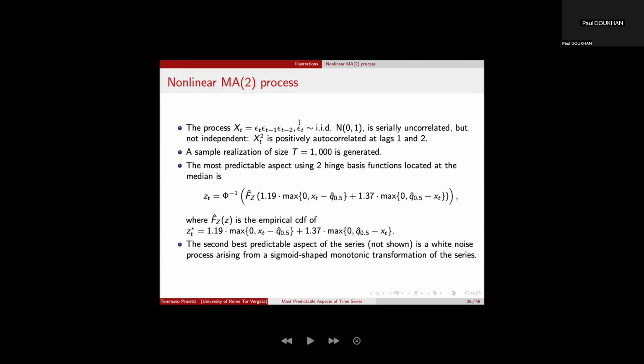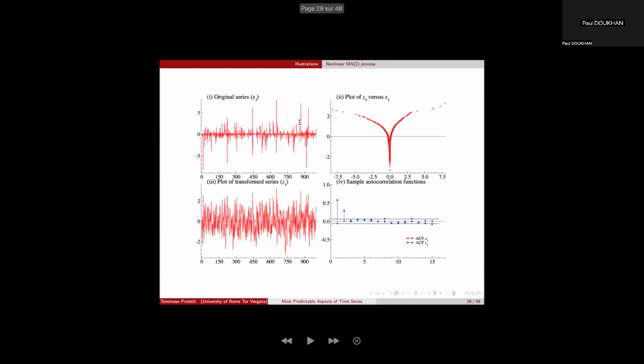And this is the optimal transformation, my ZT star. You see it here in parentheses, the weighted combination, with these 2 betas, of the 2 hinge basis functions, and then I apply a normalizing transform. And this is the transformed time series.